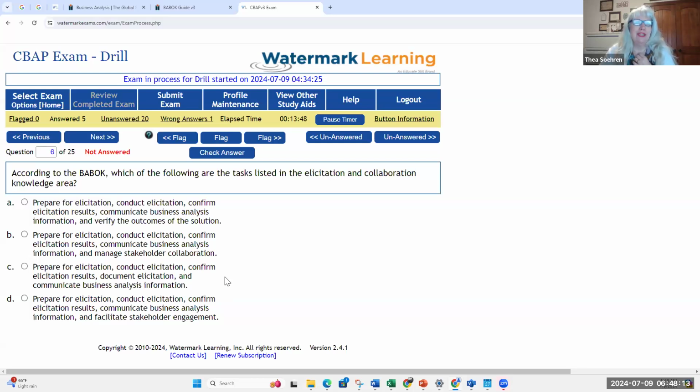Prepare for elicitation, conduct elicitation, confirm elicitation results, document elicitation, and communicate business analysis information. Or prepare for elicitation, conduct elicitation, confirm elicitation results, communicate business analysis information, and facilitate stakeholder engagement. Which one of those is not even the right answer?